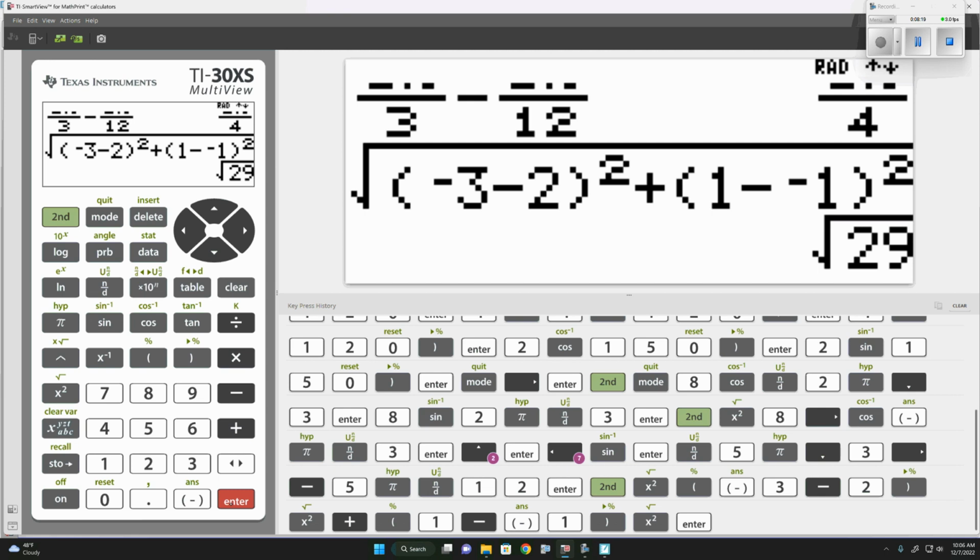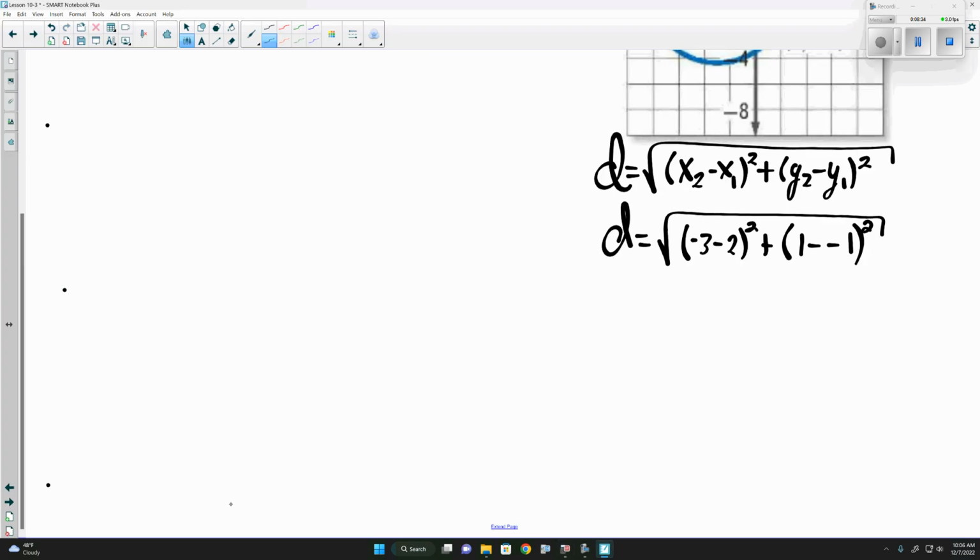Now we could do this in a graphing calculator or do it here. It really doesn't make a difference, one way or the other. We could have done it by hand and found out what the radical was and simplified it. But for circles, for the most part, simplifying this radical doesn't make a big difference.